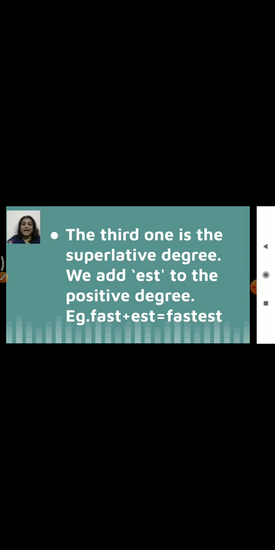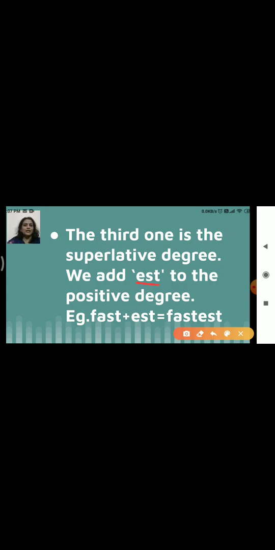And we add EST to the positive degree to get our superlative degree. So for example, fast plus EST, we got our word fastest. Followed? So how many degrees are there? Three, isn't it? What is the first degree called?